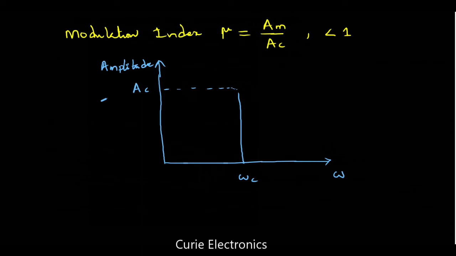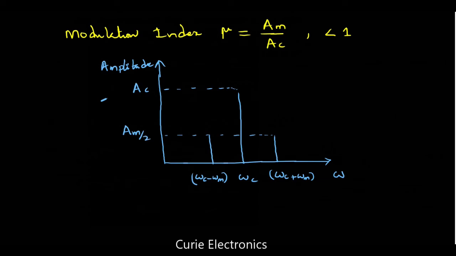That was the amplitude of the carrier frequency. On the right side we have the upper sideband, ωc plus ωm, and the lower sideband ωc minus ωm, because the mathematical equation of the AM wave had 3 terms. Now what is the amplitude of these 2 sidebands? That is Am by 2.